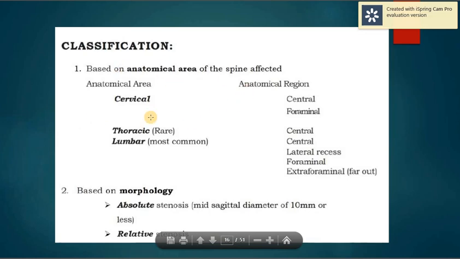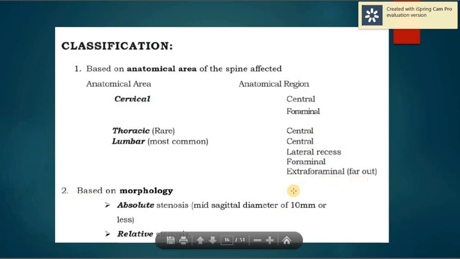Classification based on the anatomical area of the spine affected: suppose cervical, it can be central or foraminal. Thoracic, it is rare. Lumbar, as I said, is most common. You can see the central narrowing, the lateral narrowing, that is the intervertebral foramina, or the extra foraminal, that is far out laterally.